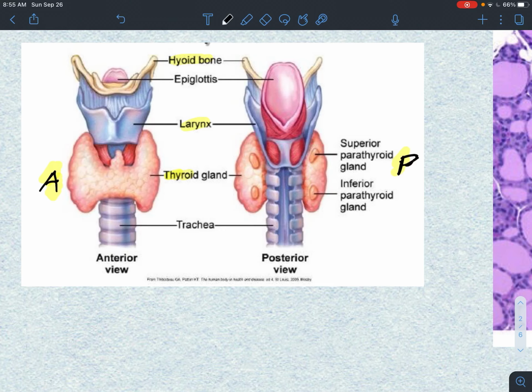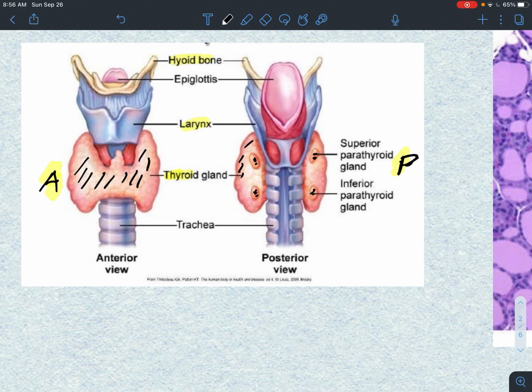What you want to notice is that from the anterior view, you basically see the thyroid gland. And from the posterior view, you see the thyroid gland, but you also see 4 lobes of parathyroid glands. So you've got 4 parathyroid gland lobes in the posterior view.